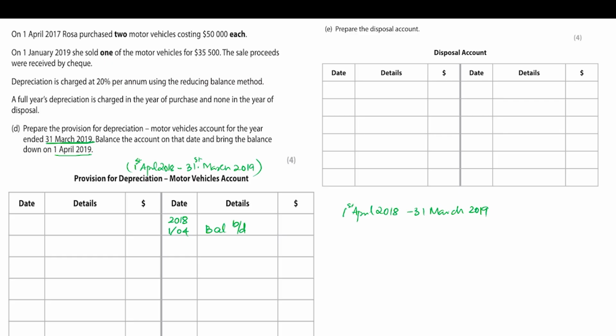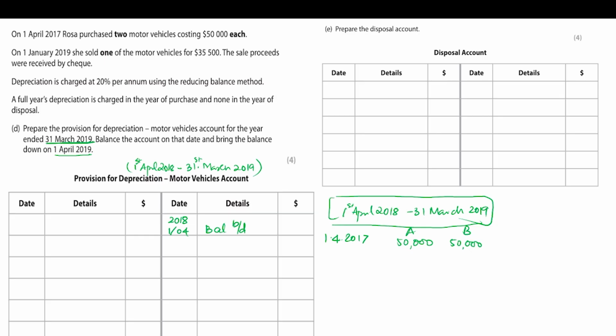Now we have to work on this, as this is the financial year ending for us. On 1/4/2017, 2 motor vehicles were there. Let's say A and B. One was 50,000, the other was also 50,000. On 1st January 2019, she sold one of them.